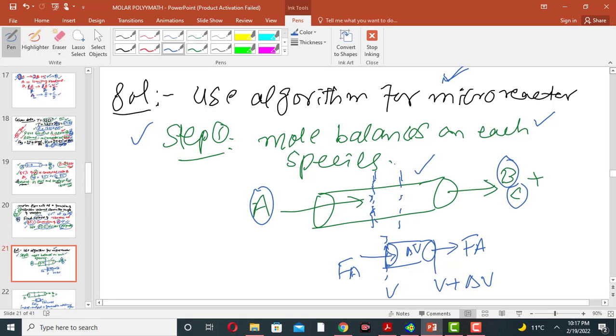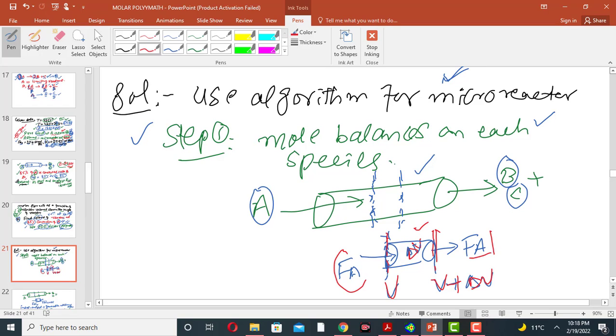So take a small volume from this PFR. Molar flow rate of A at volume V, and molar flow rate of A at volume V plus delta V, and delta V is a small volume of the reactor.